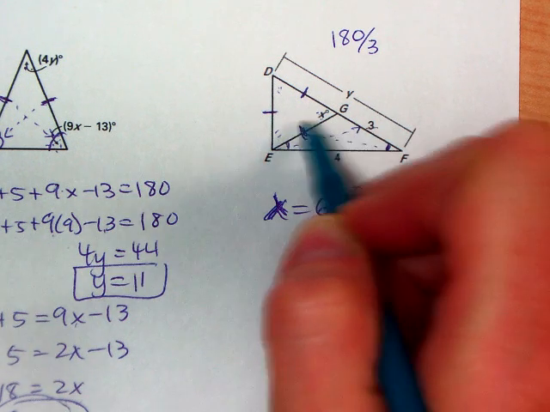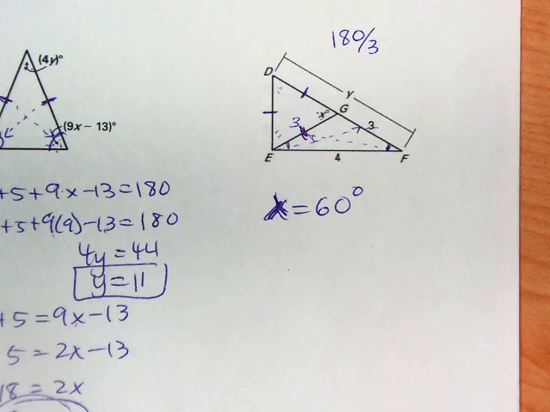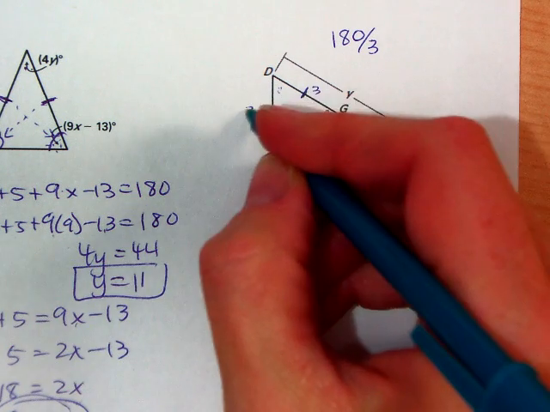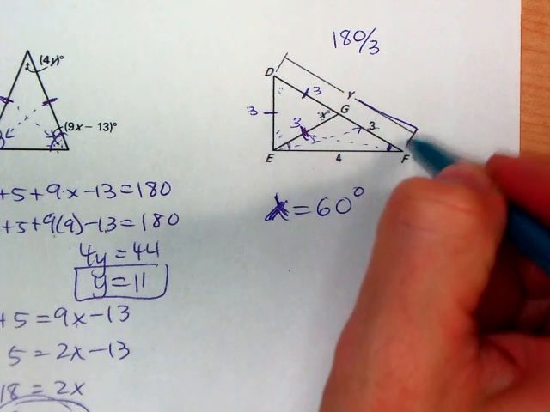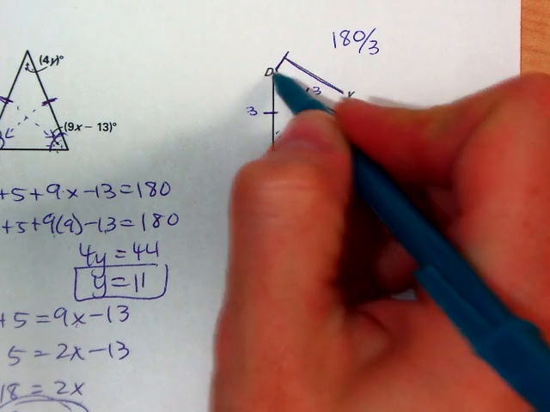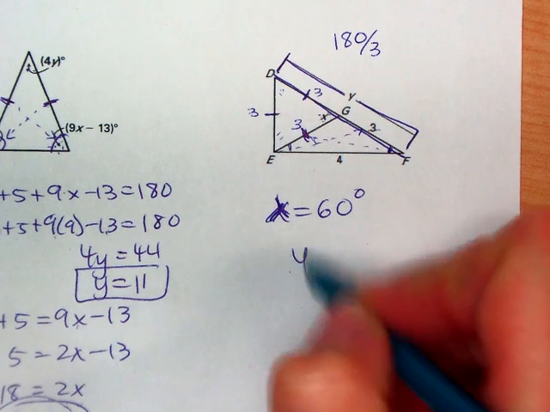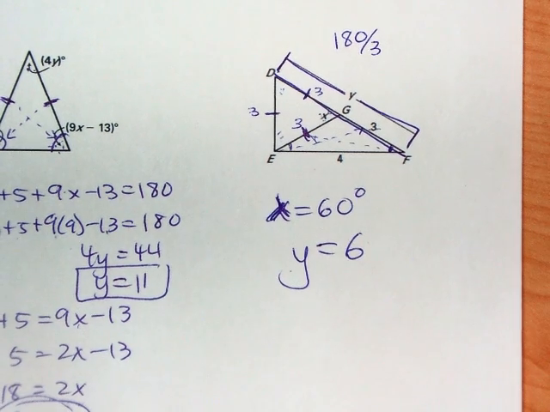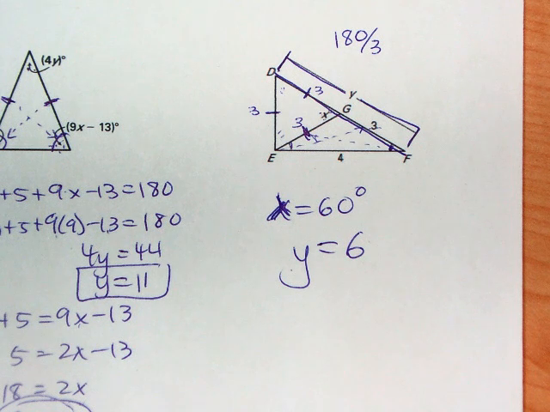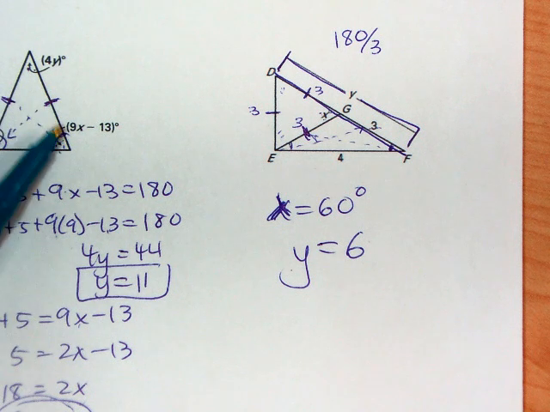So this is a 3. Okay, which means this is 3, which means this is 3. So to find y, which is from here to here, I got to go from 3 through 3, so that means y is 6. So lots of properties today using isosceles and equilateral, equiangular triangles, and being able to just kind of put things together in order to make up an equation.